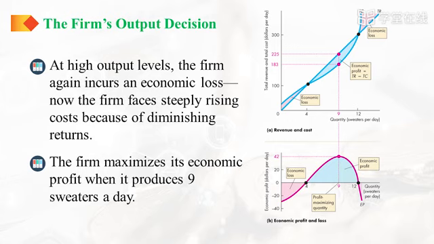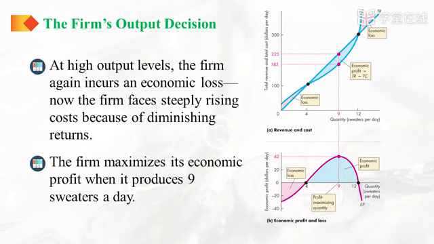So we realize that total revenue minus total cost, which is economic profit, initially is a loss, and then economic profit, and then economic loss. In this diagram 10.2, we can find that the highest point of economic profit arises at nine sweaters, which is the peak of the profit curve.